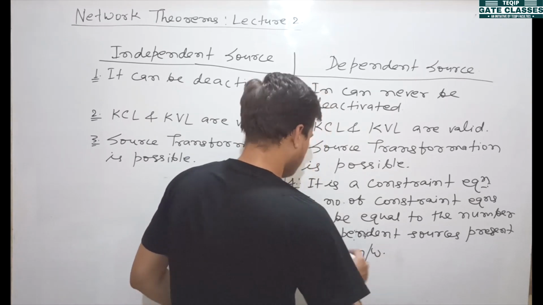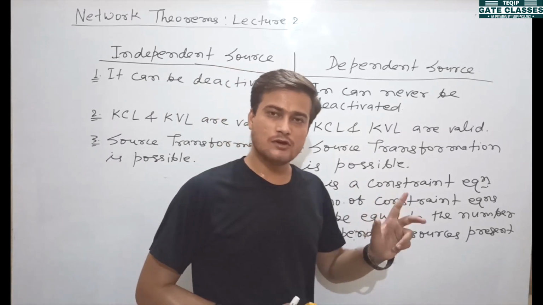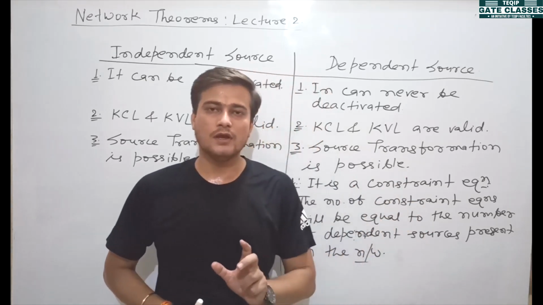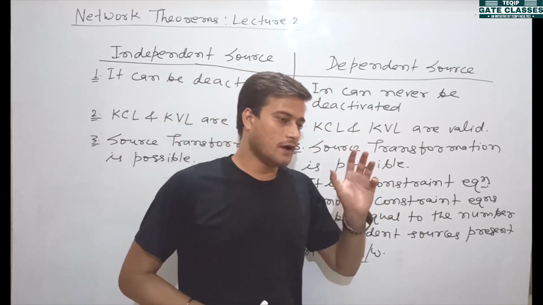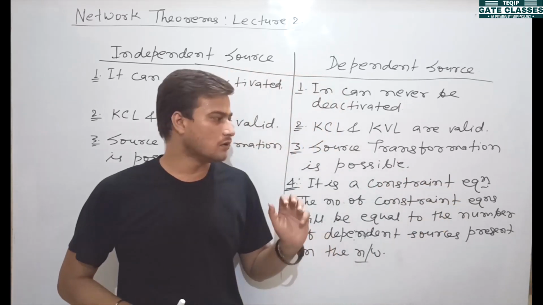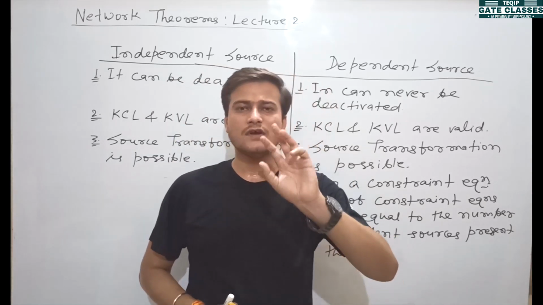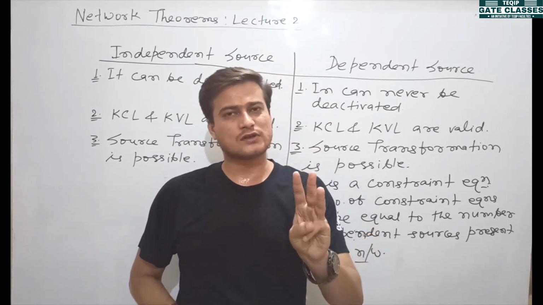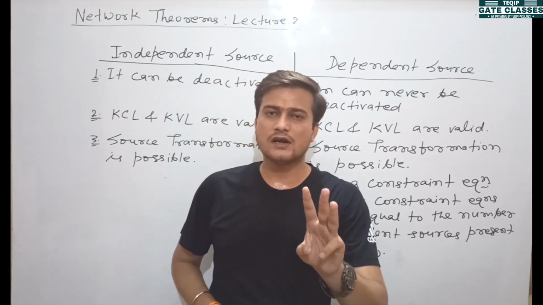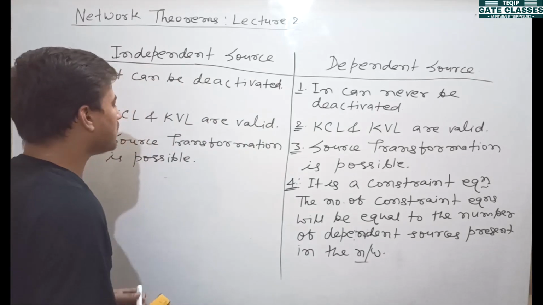So if somebody asks how many constraint equations there will be, your answer will be the number of dependent sources present in the circuit. If a circuit has 3 dependent sources, there will be 3 constraint equations. Clear?